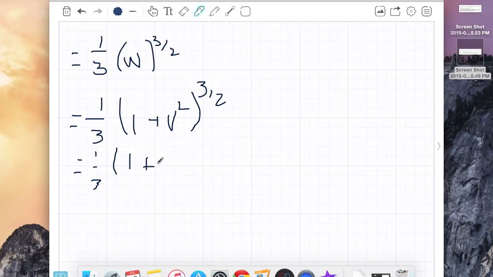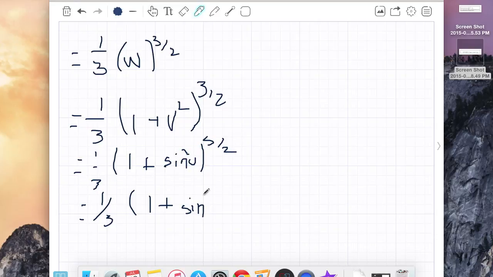plus sine of u squared, and u equaled x minus 1, so sine of x minus 1.